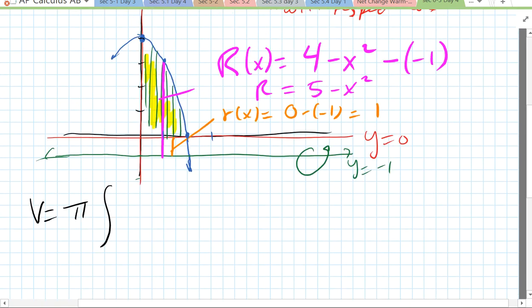What are my limits of integration for this? 0 to 2. Because my a is 0 and my b is 2. That's wonderful. Okay, is it going to be big R squared, which is 5 minus x squared, minus little r squared, which is 1 squared, dx.